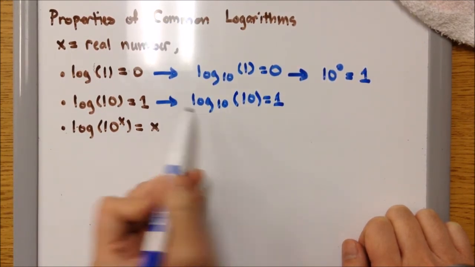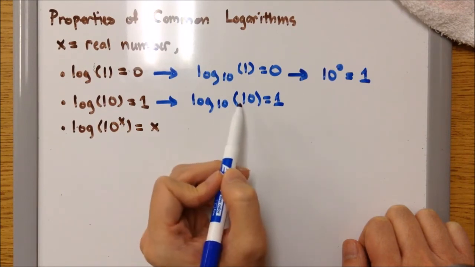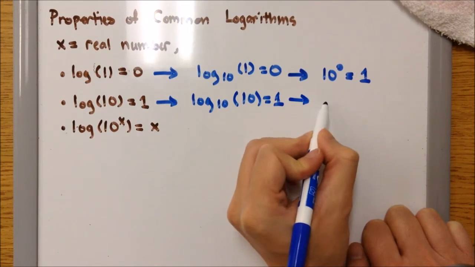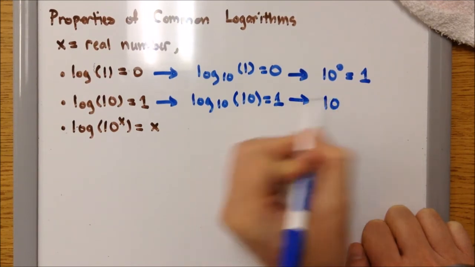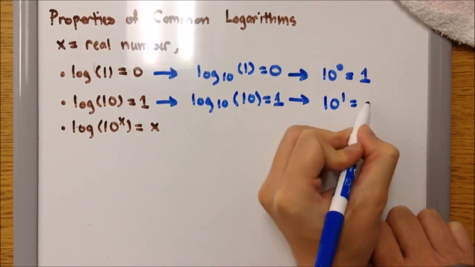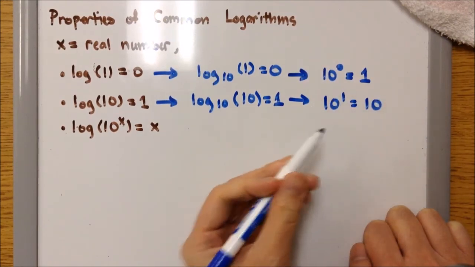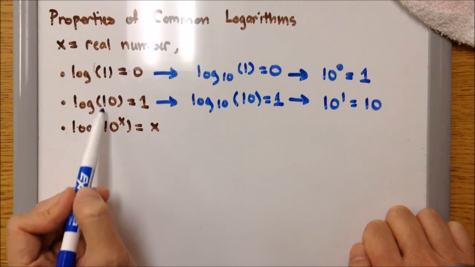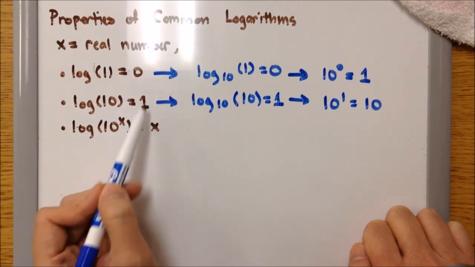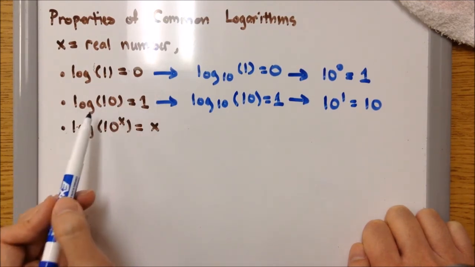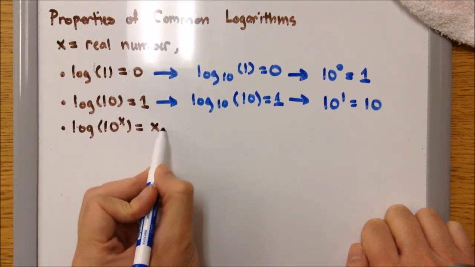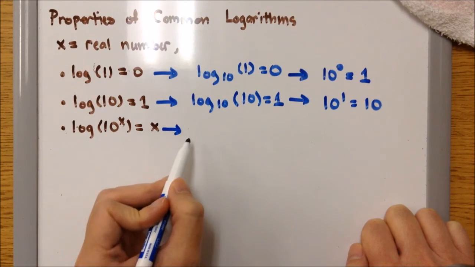So now we have log base 10 of 10 equals 1. And if I write that in exponential form, then 10 to the 1 power will equal itself, 10, which is true. So whenever we see a log of 10, it's always going to equal 1.